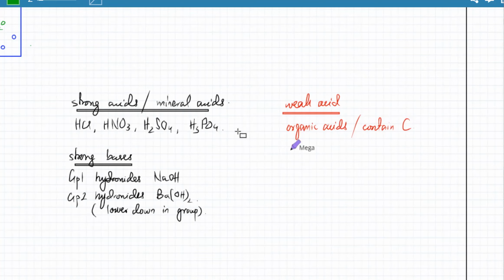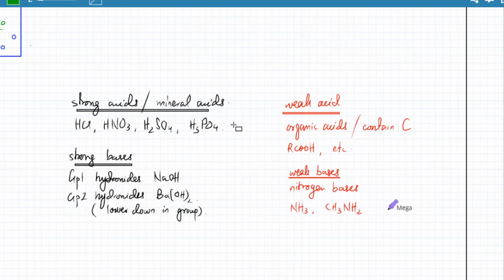For example, carboxylic acids, etc. And which ones are weak bases? Weak bases are the ones that have nitrogen in them. So these are nitrogen bases like ammonia, that's a weak base. Like amines in organic chemistry, that's a weak base.